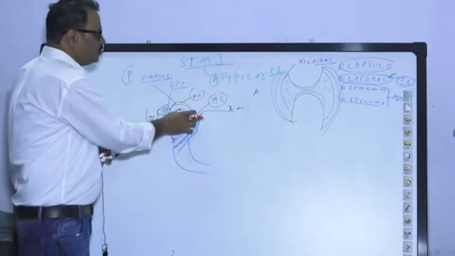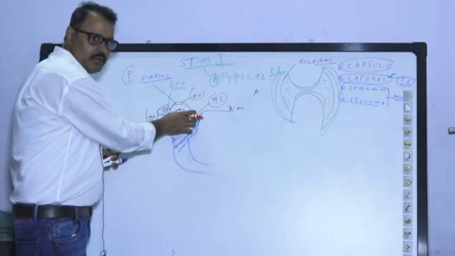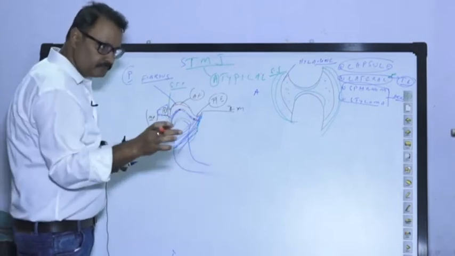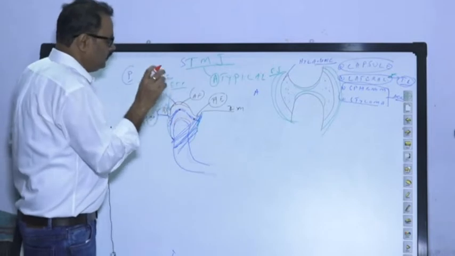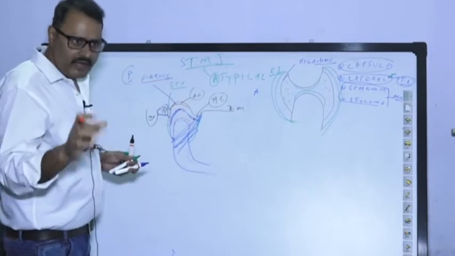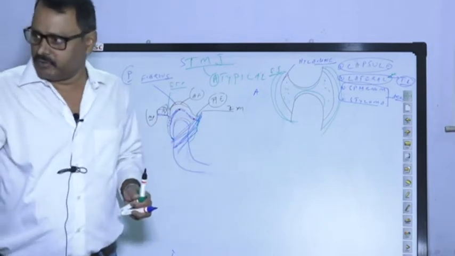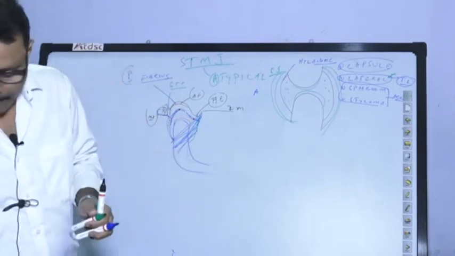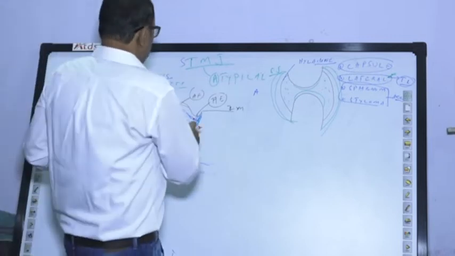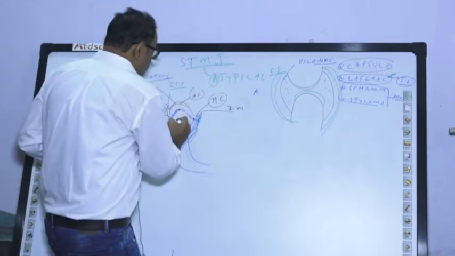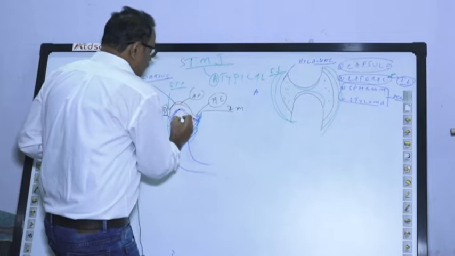So they are the avascular zone. They do not have any venous, arterial or nerve supply. But this bilaminar extension has the presence of veins, arteries and nerves.